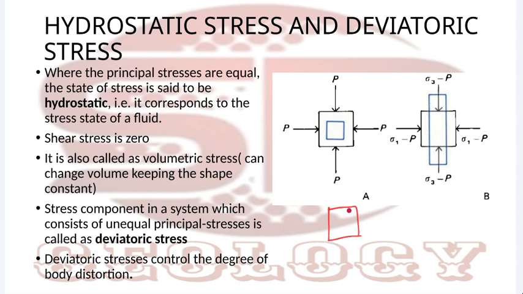Suppose there is a rock here and I am applying a force of 5 Pascal from all directions. Then it is hydrostatic stress. If stress is applied equally from all directions, it is called hydrostatic stress. So in the case of hydrostatic stress, the shear stress is 0.